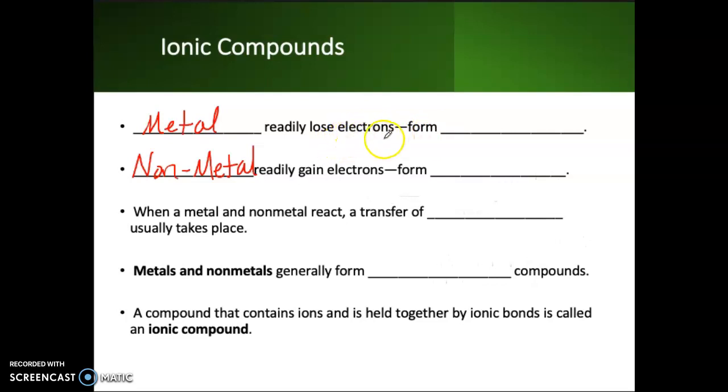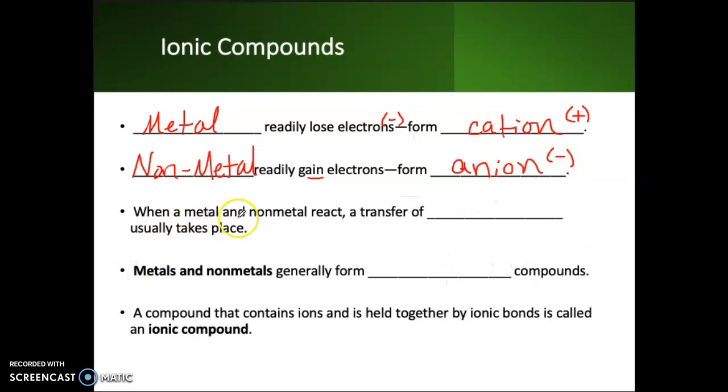Now when you lose an electron, that's negative. You end up positive, so you form a cation. So metals become positive. Nonmetals usually gain electrons, and those are negative, so they're gaining negatives, so they become negative, and they form the anion.